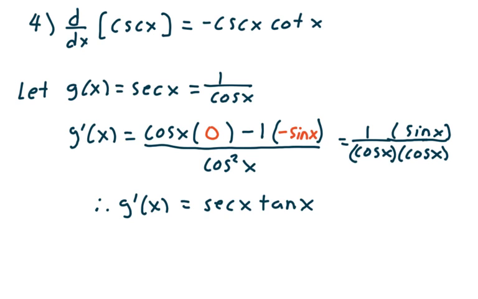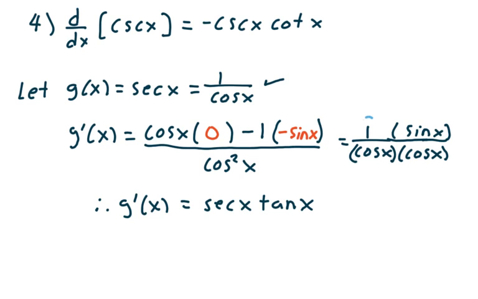Now let g of x equal secant x, which is equal to 1 over cosine x. And I basically do the same thing. g prime of x is cosine of x times 0 minus 1 times negative sine x, divided by cosine squared x. So I'm just applying the quotient rule on 1 over cosine x. But that's 1 times sine x divided by cosine x times cosine x. Remember that cosine squared x is cosine x times cosine x.